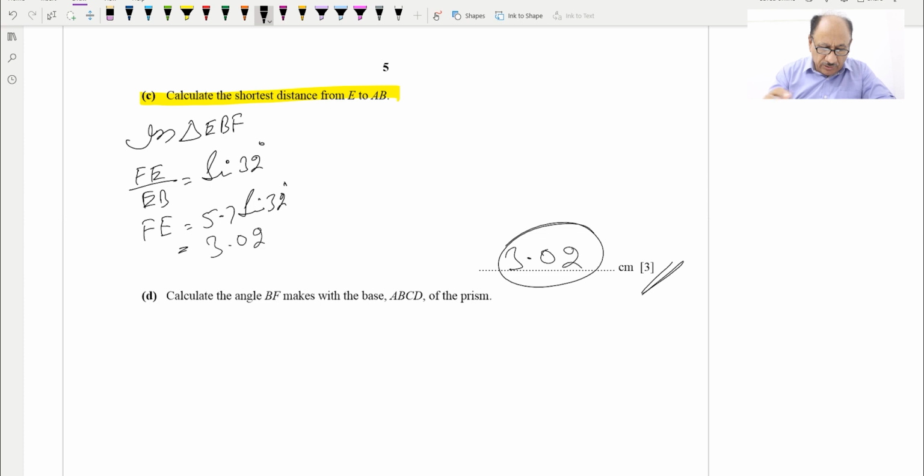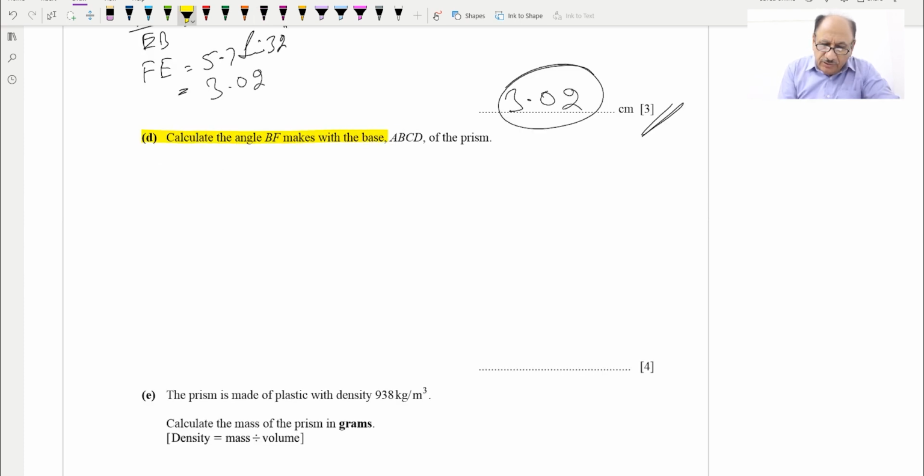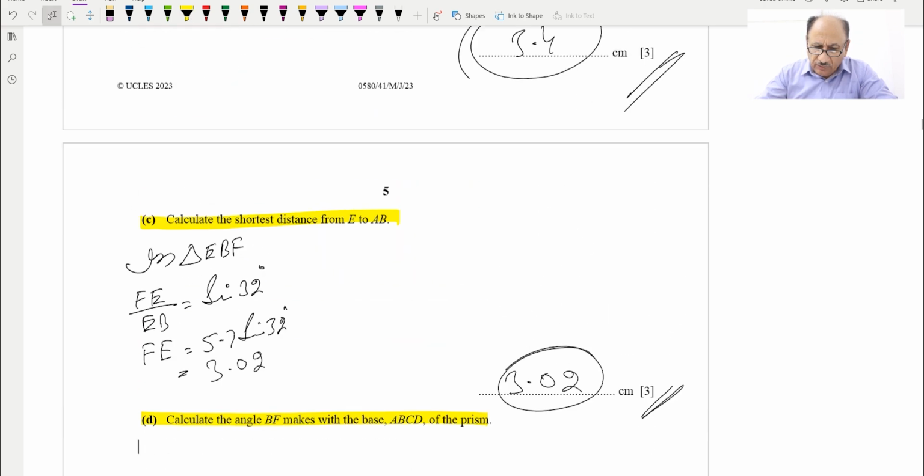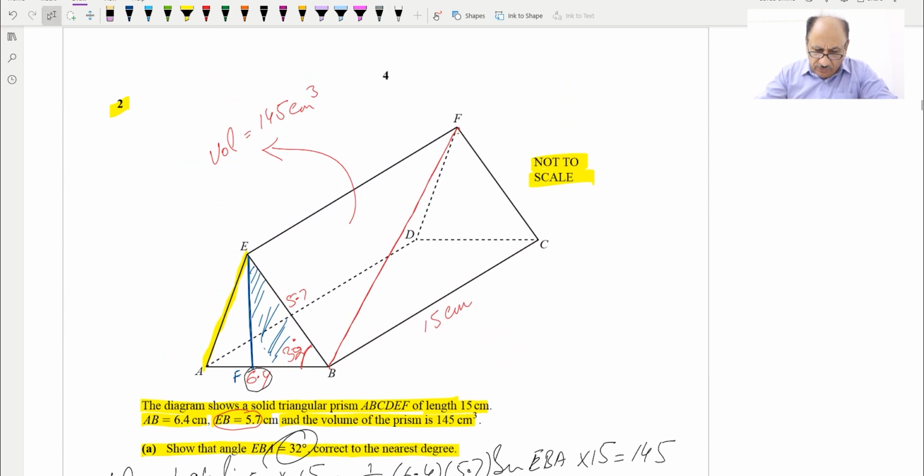Hopefully you understand this. D part, calculate the angle BF makes with the base ABCD of the prism. We need to identify the angle first. We have drawn this line, and opposite to this we will draw a line over here, and this angle will be 32 degrees.